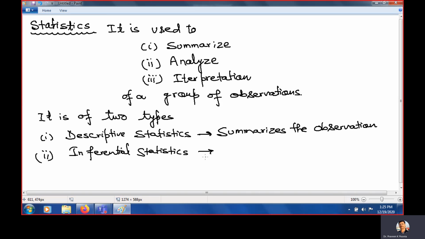And this part we will study in higher classes, where we analyze, or you can say analyze or interpretation of descriptive statistics.